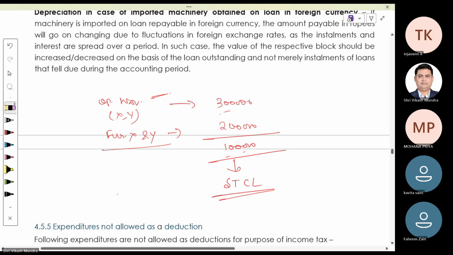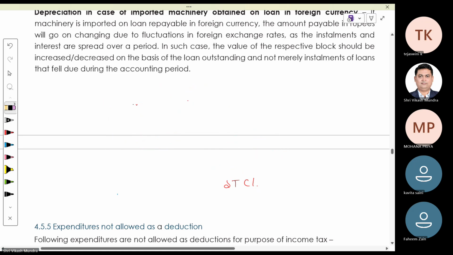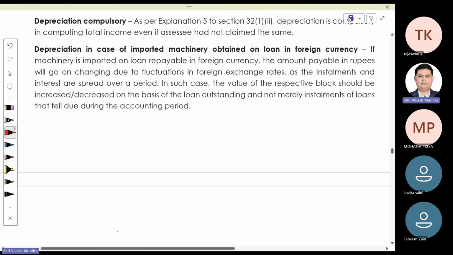Now, we have considered several examples for several different situations of how to calculate depreciation. Now, sometimes what happens? Suppose I'm importing some machine from outside India. I bought a machine for 10,000 USD, and it was put to use by me on 1st April 2023.